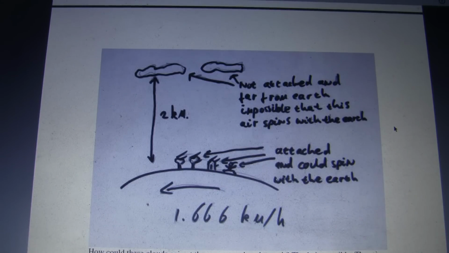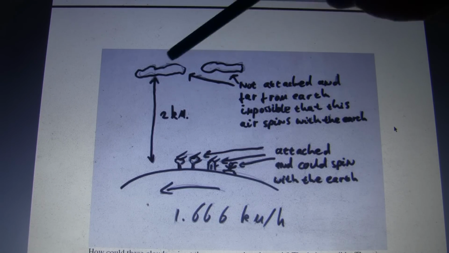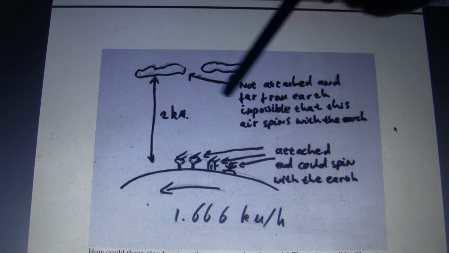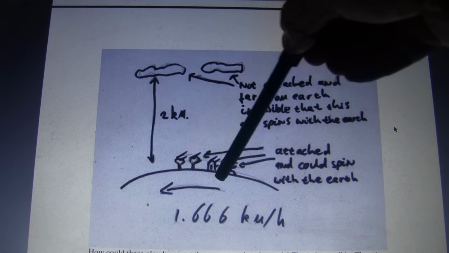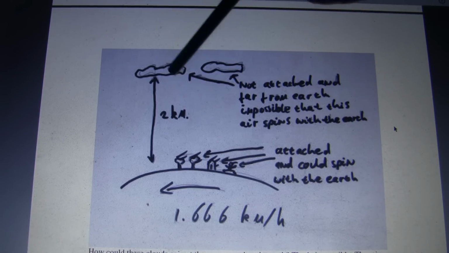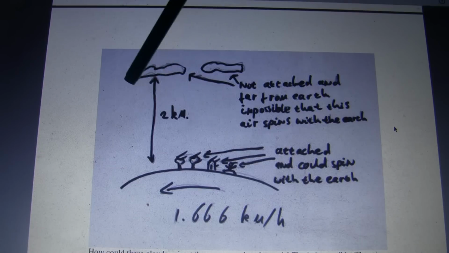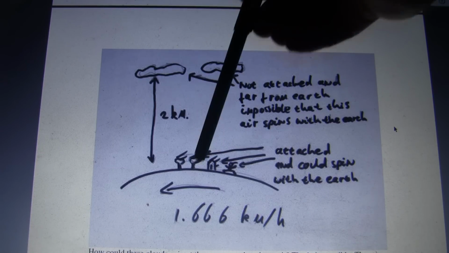And the air and the clouds very far away from the Earth, like 2 kilometers up, or 4 or 6, I don't know, doesn't matter, that they move at the same speed when they have no mass. Keep that in mind. They have not the same mass as these solid objects, and they are not attached to the Earth. And these things on Earth, they have a lot of mass, and they are attached.